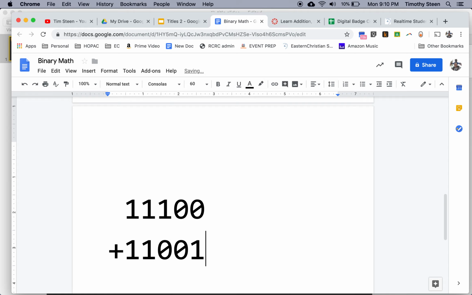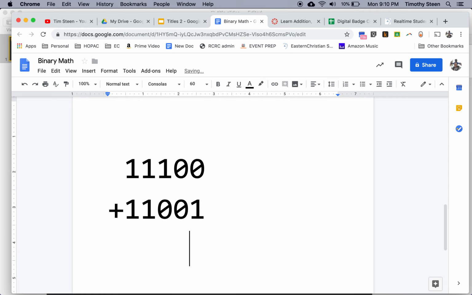Okay, so following the rules that we gave, 0 plus 1 is a 1, 0 plus 0 is a 0, 1 plus 0 is a 1, so far those are easy, right? 1 plus 1 is 1, 0, so we write down a 0, and we carry the 1 up here.